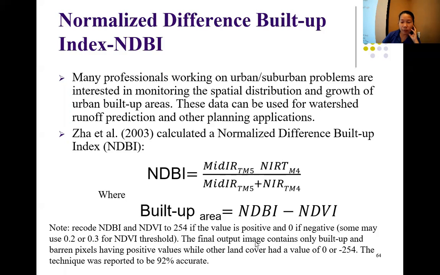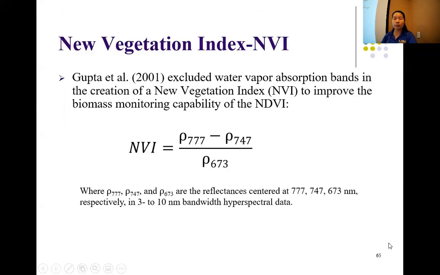The final output image contains only built-up and barren pixels having positive values, while other land cover has a value of 0 or negative 254. It's basically those that are less than 0. The technique was reported to have 92% accuracy. Okay, so that's a pretty good number. So this is the method you can use to extract urban distribution. In the lab, we're going to practice this one.